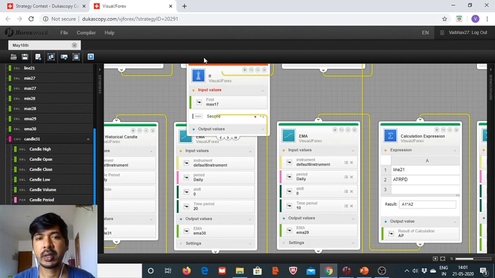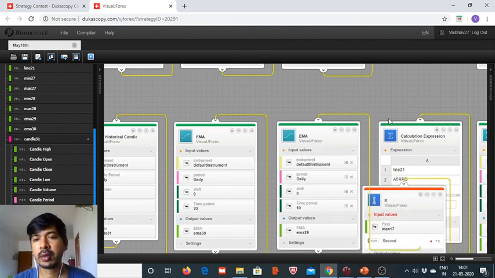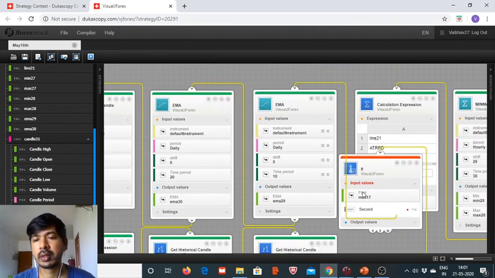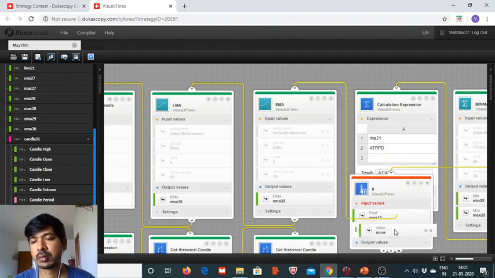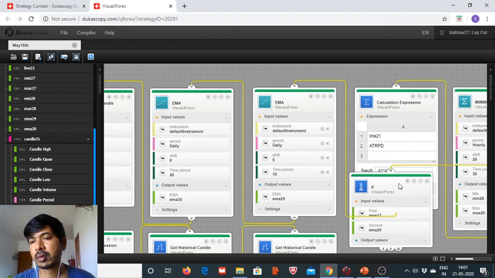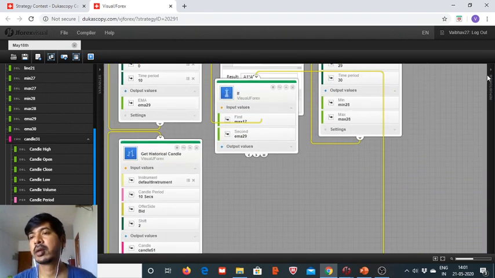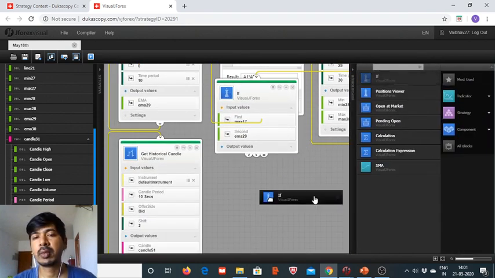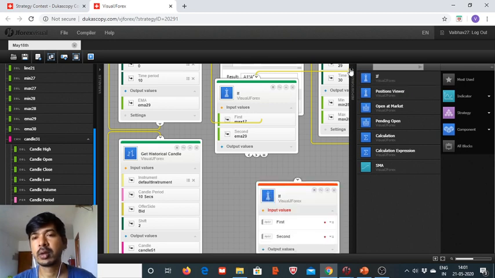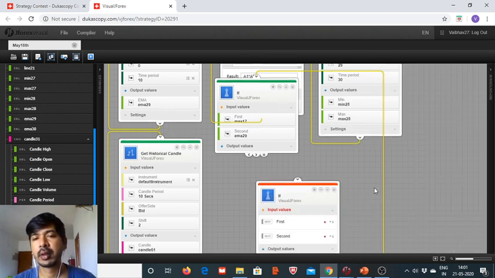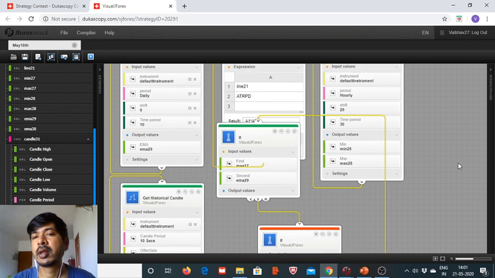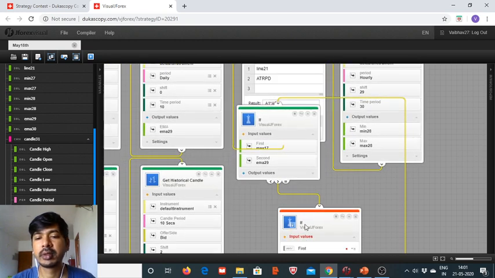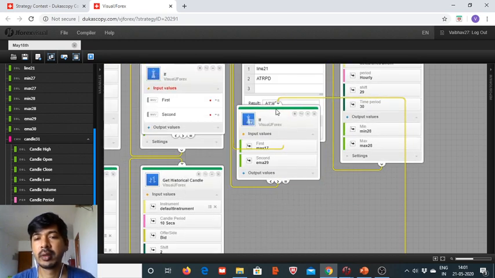So we take the EMA value, that is EMA 29, and again we take the next EMA block, and maxima should be greater than the 10 EMA, and maxima 17 should be less than the 20 EMA.